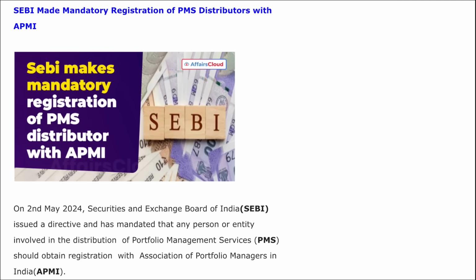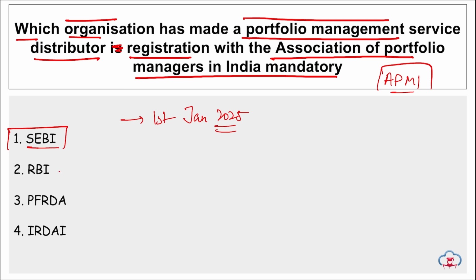Apart from this, friends, if we look at some of the options here for RBI, remember RBI has revised the guidelines for classifying accounts and deposits as inoperative accounts and unclaimed deposits by banks with effect from 1st of April 2024. Then this report was released on 3rd of January.